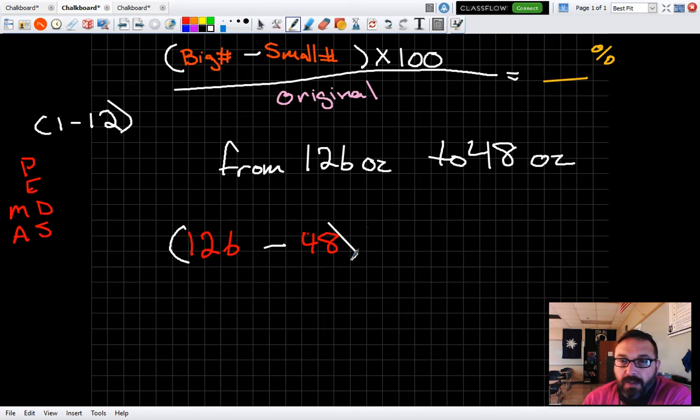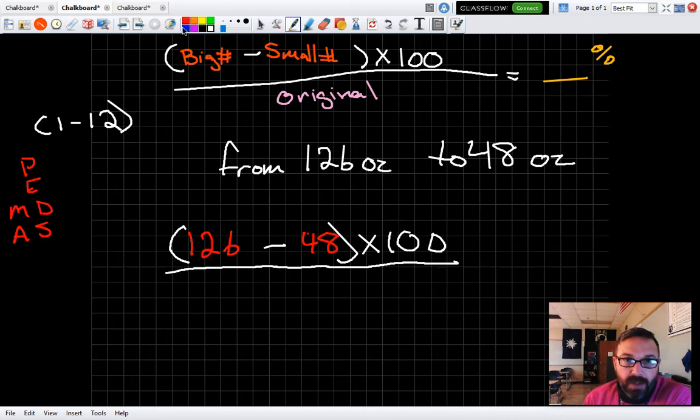Parentheses, subtract, parentheses, times 100 over the original number. Now, what was my original number? From 126. So my original number is 126.